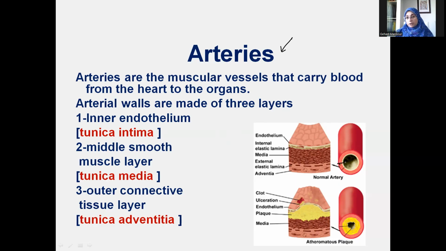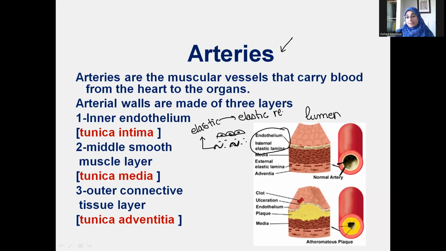So if I take a wedge-shaped section from the artery and enlarge it, I will have the tunica intima, which is the innermost layer that is in contact with the blood in the lumen or the cavity, and it consists of a thin layer of endothelium, and underneath this layer of endothelium we have the connective tissue that is rich in elastic fibers, which we call the internal elastic lamina, and that's why the wall of the artery is elastic, allowing for elastic recoil.